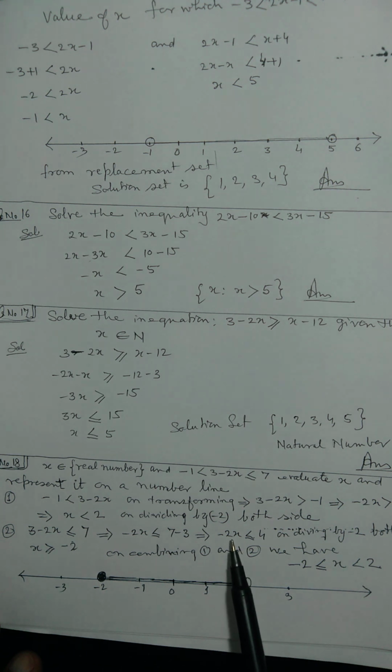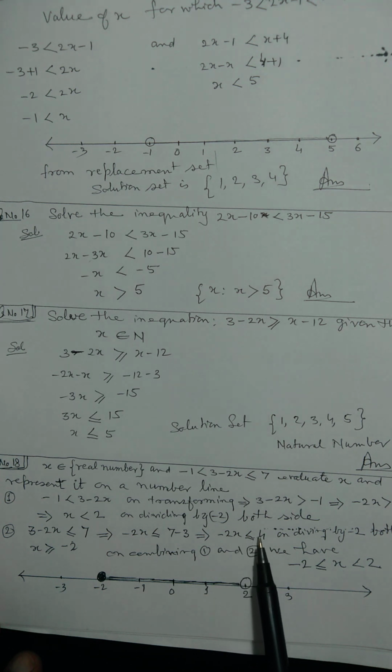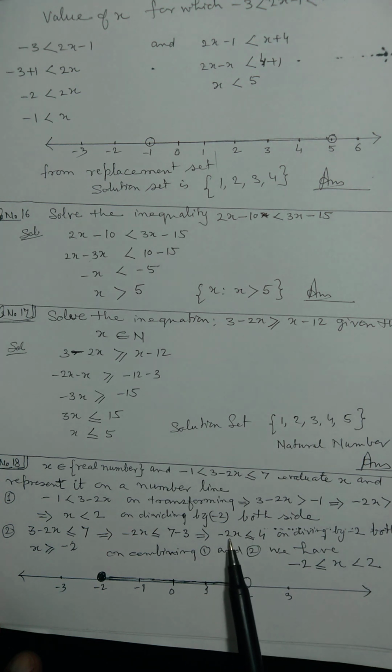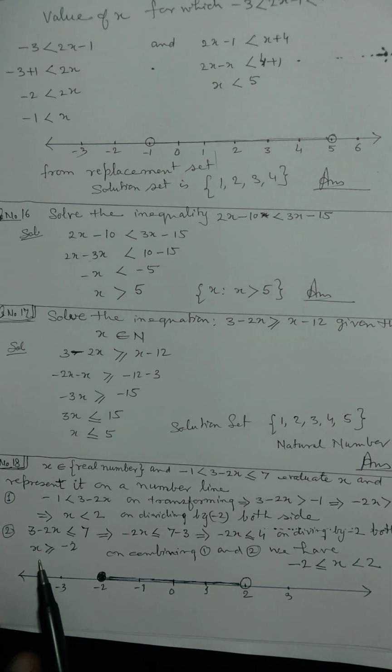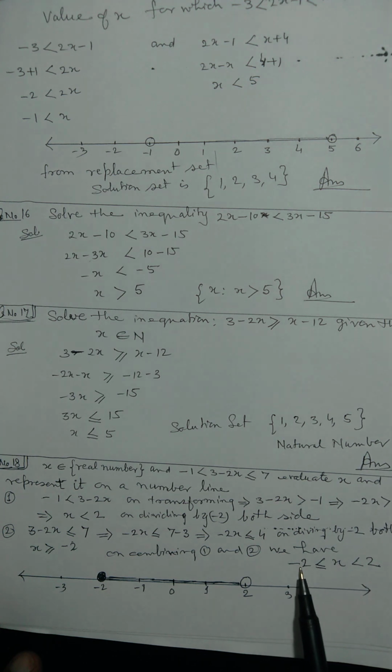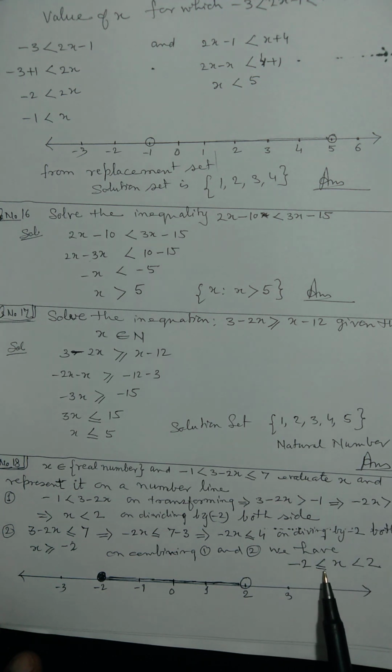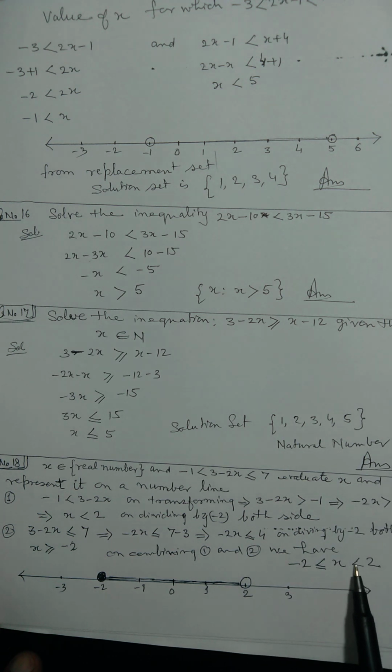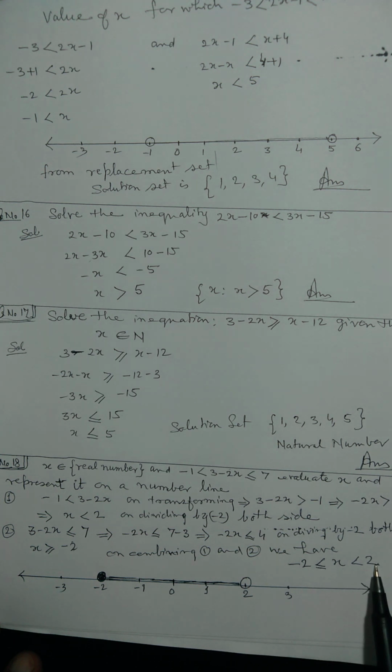You see, if you divide by minus 2 both the sides, this will become minus 2 and it will become only x. So x is greater than or equal to minus 2. On combining first and second, we have minus 2 is less than or equal to x and x is less than 2.